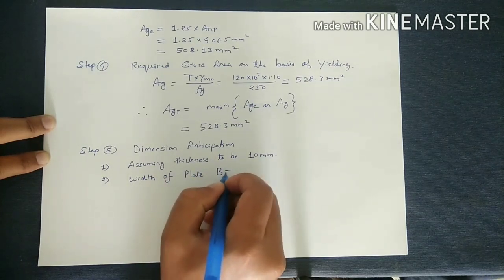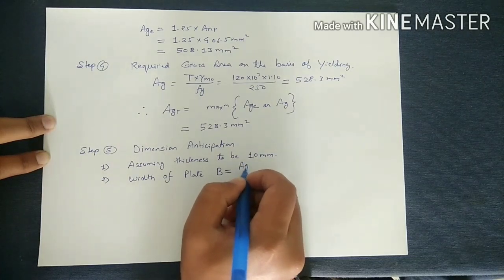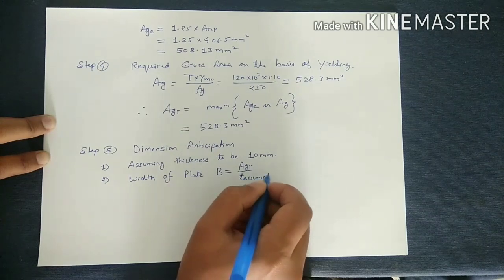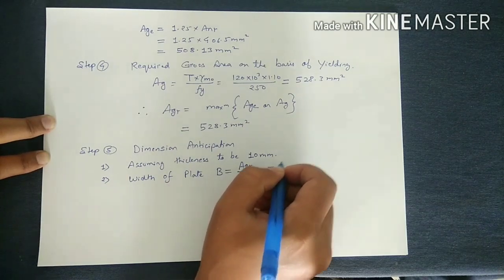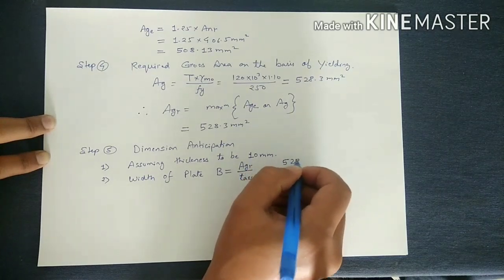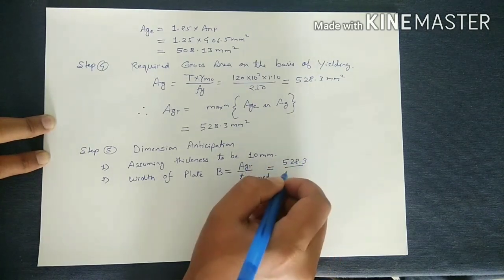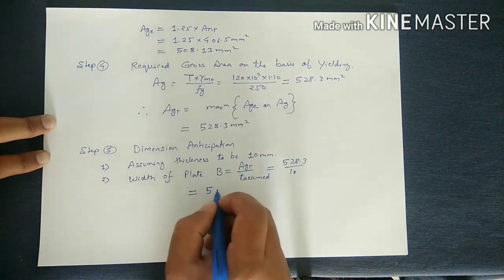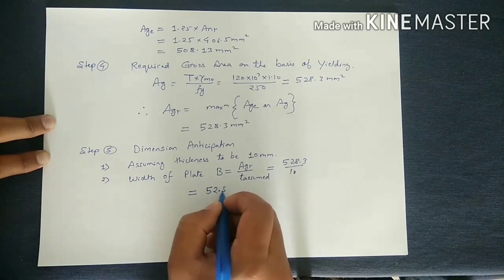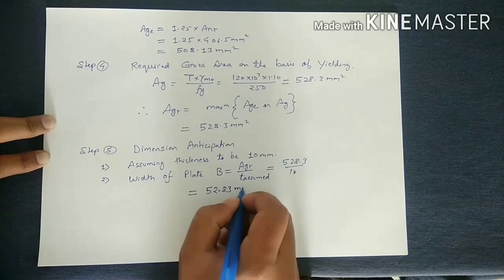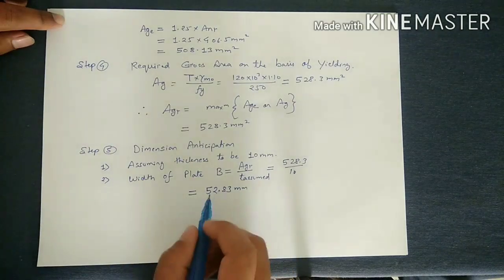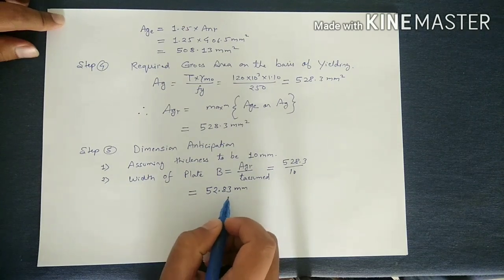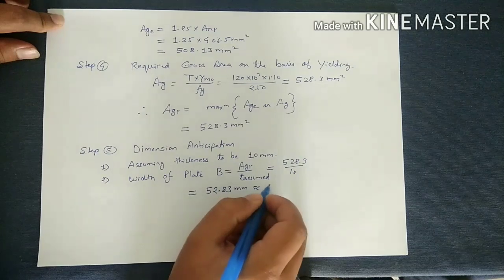That is B will be equal to Agr upon t assumed. Therefore Agr is 528.3 upon t assumed, that is 10. So we get 52.83 mm. Since it is very hard to fabricate a plate in this dimension, I am assuming this dimension to be 60 mm.